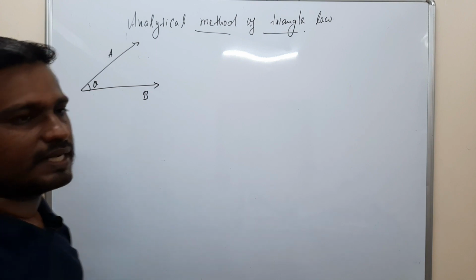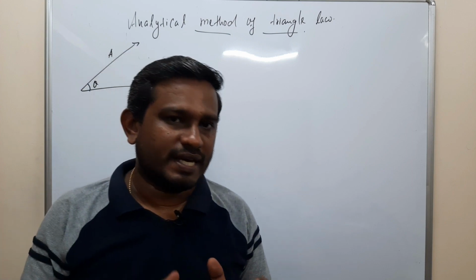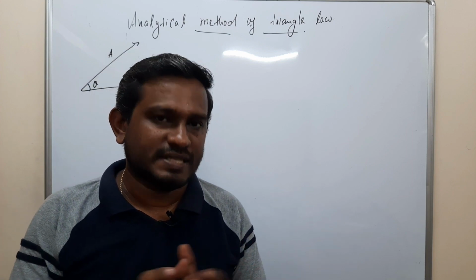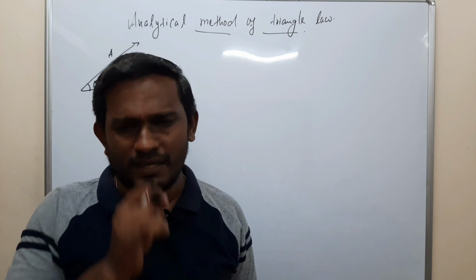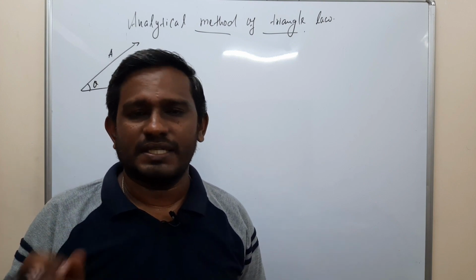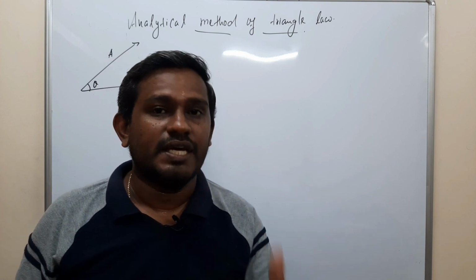What the triangle law of addition says is that if two vectors, both in magnitude and direction, are represented by the two adjacent sides of a triangle taken in the same order, then the third side will give the resultant of these two vectors in both magnitude and direction, taken in the reverse order.